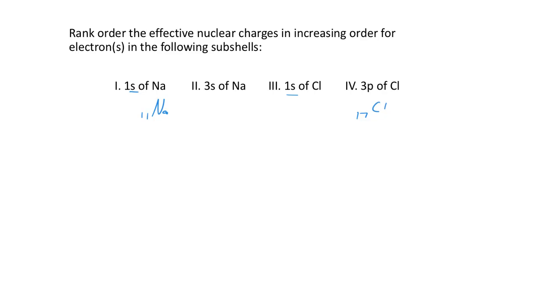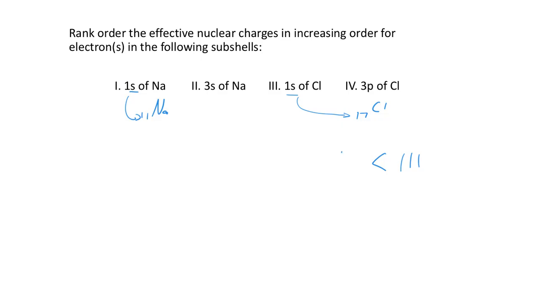So the greatest charge that we're going to see for any of these electrons is that for 4. Excuse me, not 4, it's 3. So 3 is the 1s. So the 1s of chlorine experiences the greatest charge for the chlorine atom, and it's greater than the 1s of sodium because the 1s of sodium is only sitting on top of a plus 11. So the 1s of sodium sees that 11 plus charge, the 1s of chlorine sees that 17 plus charge.